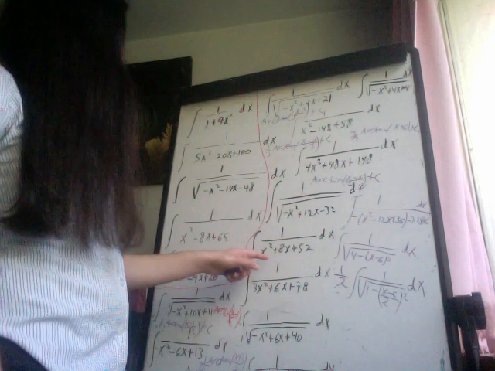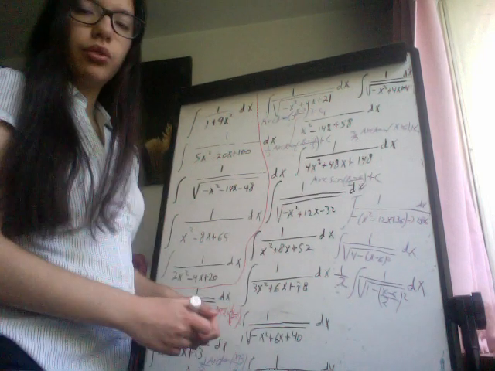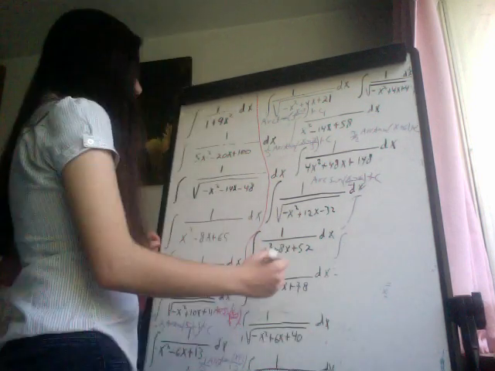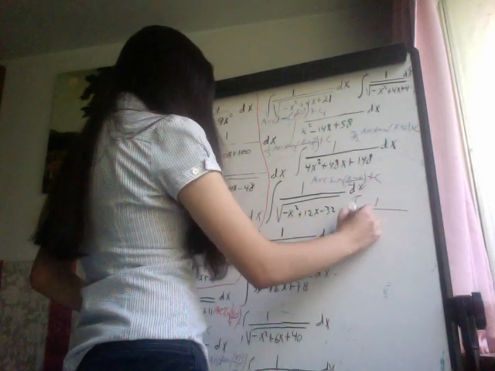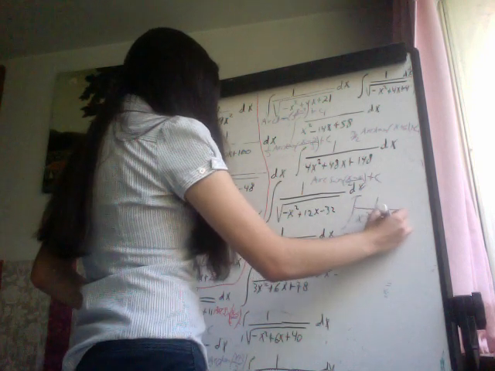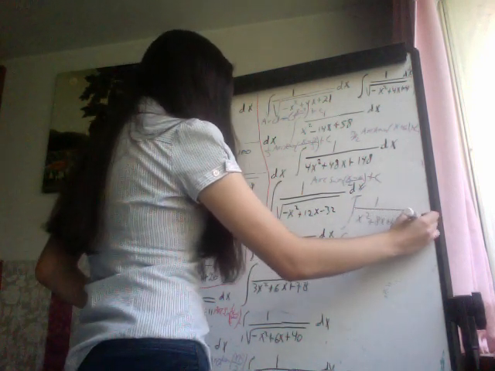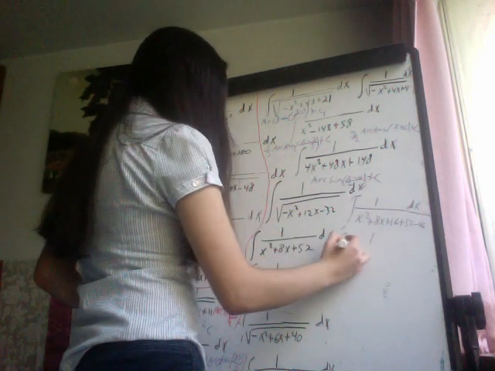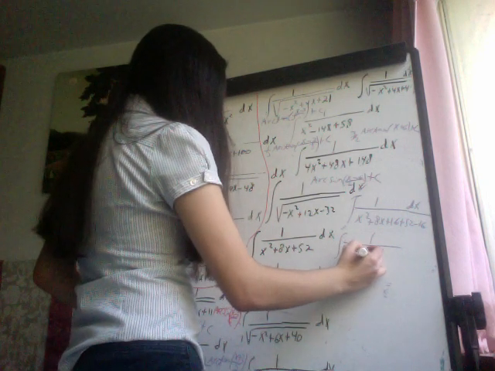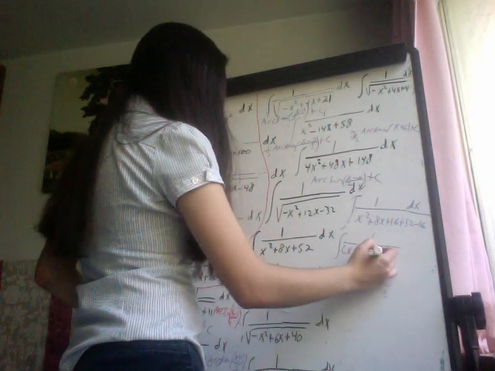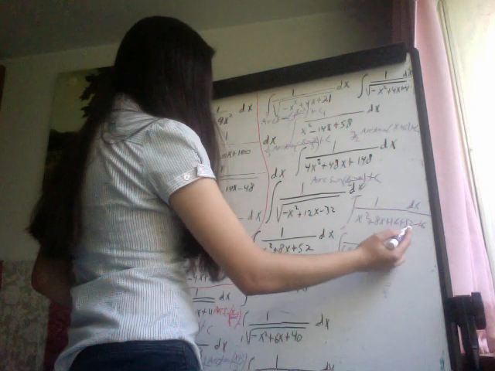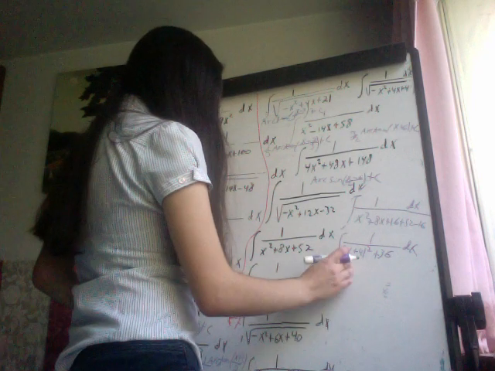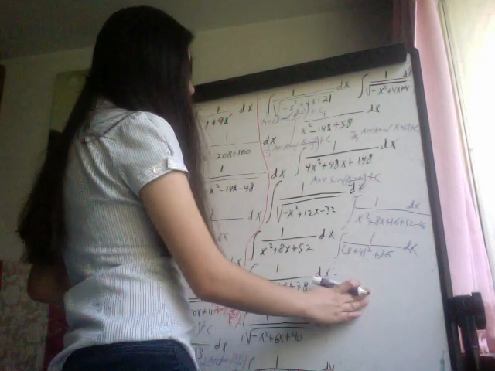Next, 1 over x squared plus 8x plus 52. This is the integral of 1 over x squared plus 8x plus 16 plus 52 minus 16 dx. This is the integral of 1 over (x plus 4) squared plus 36 dx. Let me divide everything by 36.